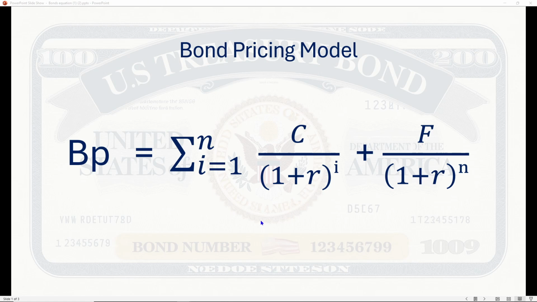So we know what the principal payment will be when the bond matures because it is the face value of the bond, and we know what the sum of the interest payments will be over the life of the bond by simply multiplying the face value times the stated coupon rate. And that's it. The sum of the current value of the future interest payments plus the current value of the future principal payments.